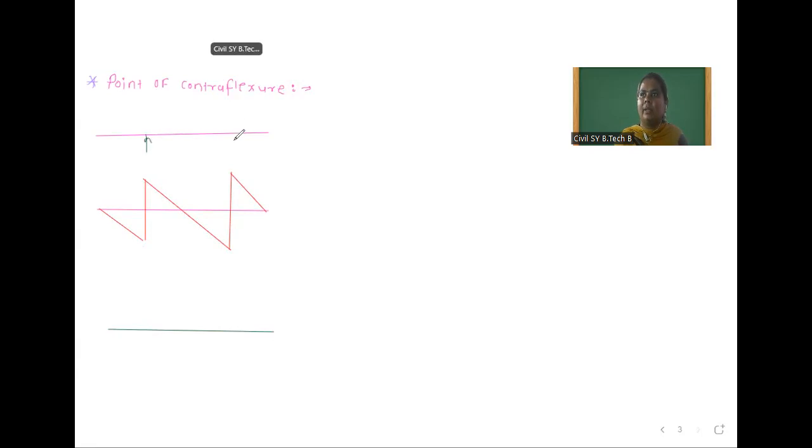Here a support is provided and here also a support is provided, and a uniformly distributed load is applied on this beam.